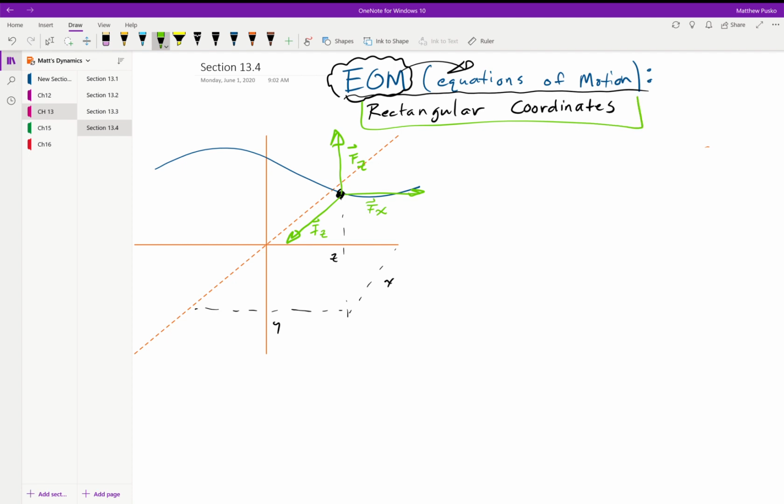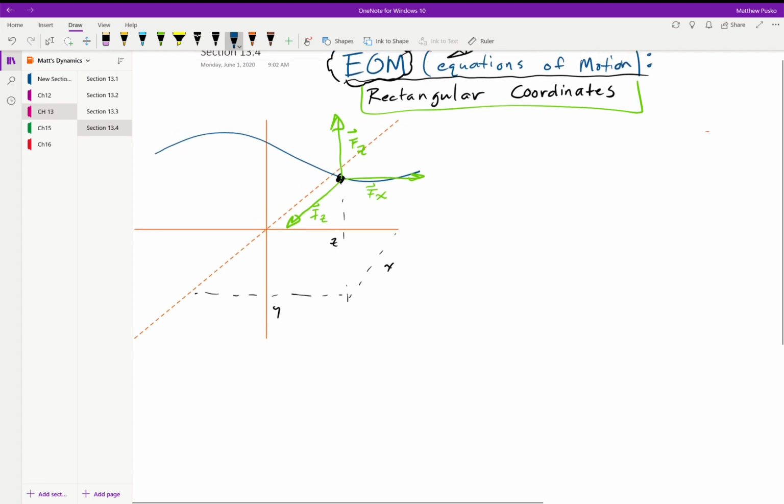We're going to look at different coordinate systems in the future, but right now the majority of the problems can be solved in rectangular, and in that case we would say the summation of the forces is equal to mass times acceleration, and then we break it up like this.